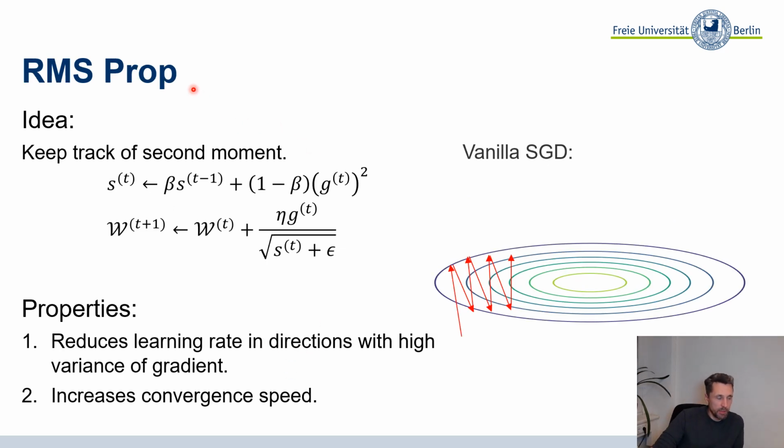So in RMS-prop, we have a similar idea. We have a variable called S, and this is basically an exponential average of old gradient information and current gradient information, but we use the square, so element-wise, for all those gradient values for each individual parameter.